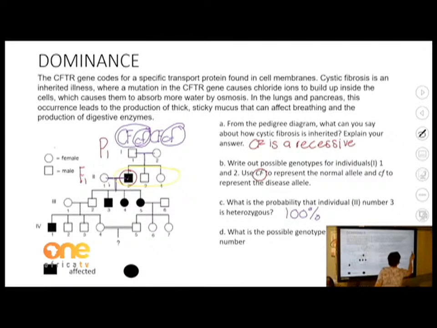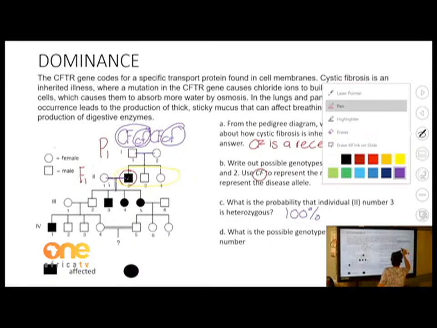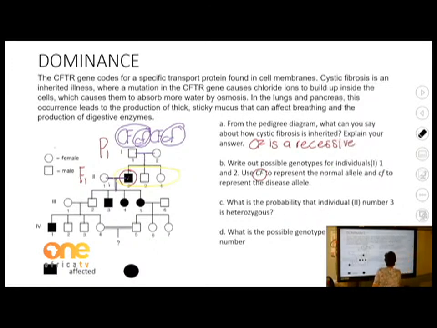I don't agree with myself. What is the probability? When we test heterozygous with heterozygous, we know that the possibility is 1.